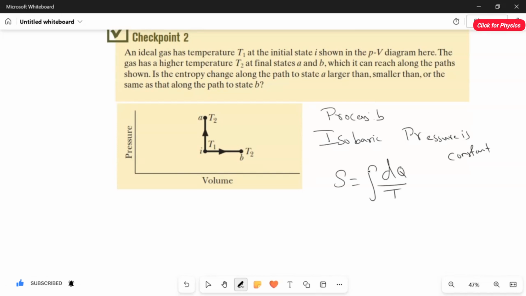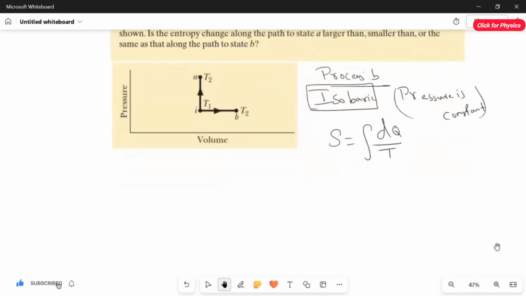So let's consider process B. In process B, the process is isobaric, that means the pressure is constant. So I'm going to apply this in the entropy formula. If the pressure is constant, what is the heat supplied? dq is equal to n Cp delta T. So I'm going to substitute this value here.